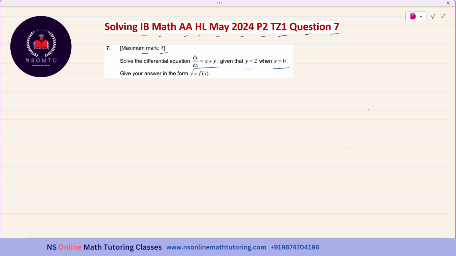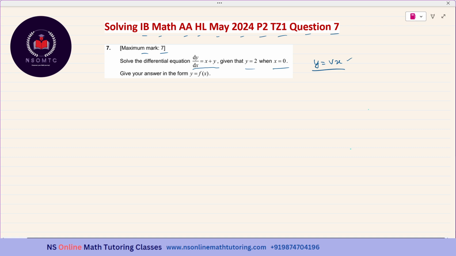So what are the two other methods that remain? One of them is the homogeneous differential equation, where we use the substitution y equal to vx. We can use this if we can express dy by dx in the form of y over x.